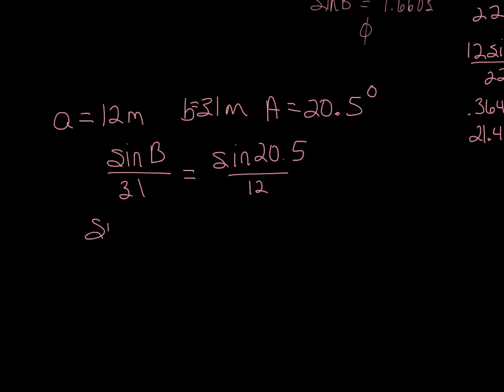So the sine of B is 31 times the sine of 20.5 divided by 12.